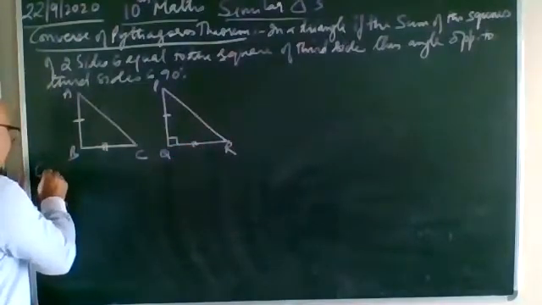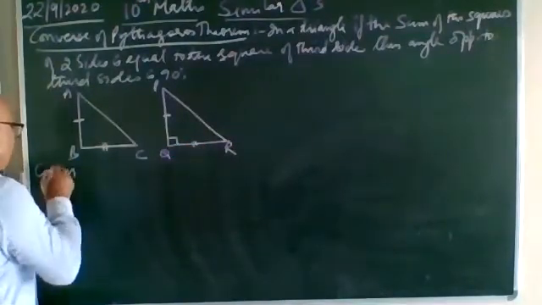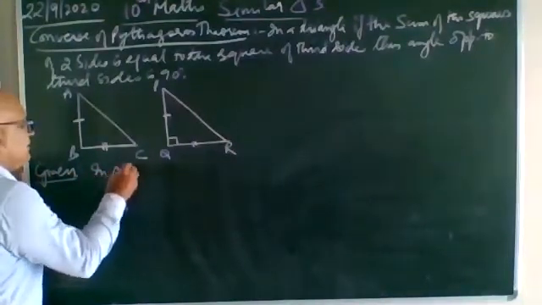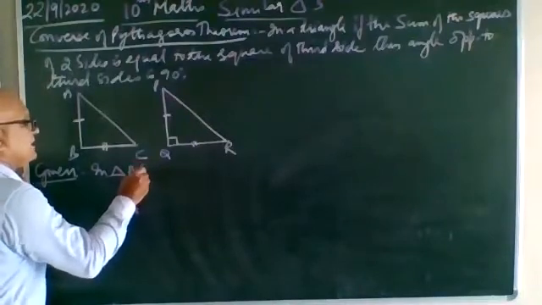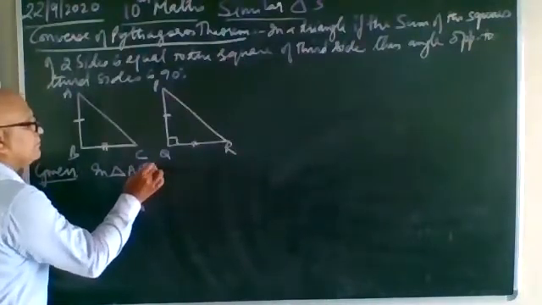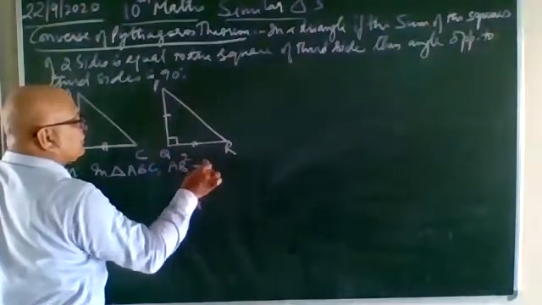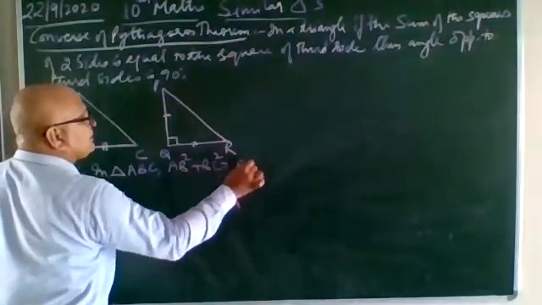So given in triangle ABC, AB square plus BC square equal to AC square.